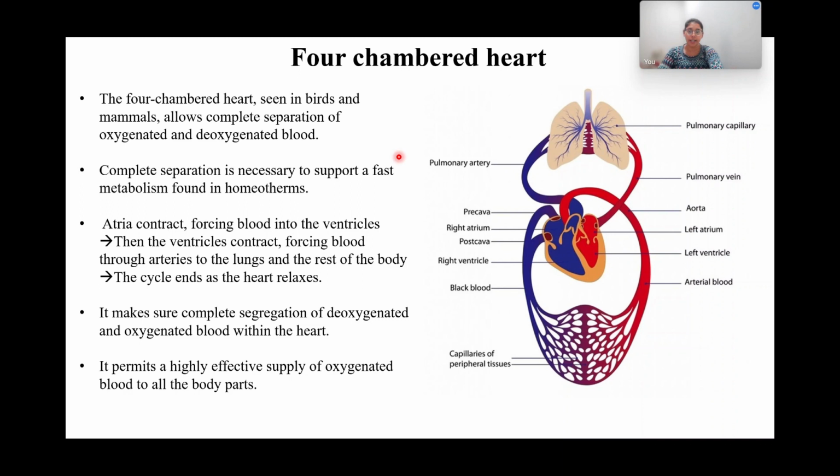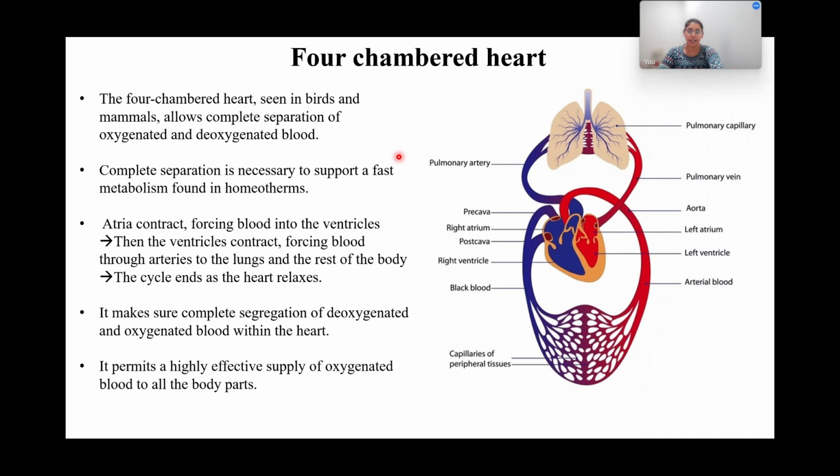To state it clearly, on the right side of the heart the blood is received from the body and then passed on to the lungs, while on the left side of the heart, the atrium receives blood from the lungs, and then the ventricle passes the blood to the body.